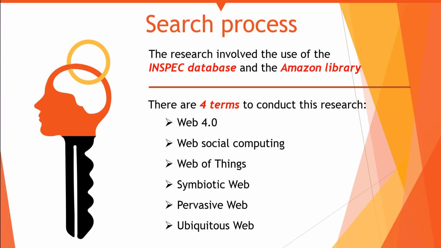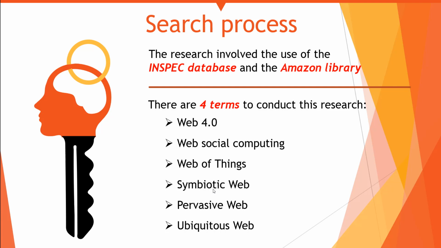So next, here I will use some terms to define Web 4.0. The first one is Web 4.0, the second one is Web social computing, Web of things, and the three orders which relate to the web.